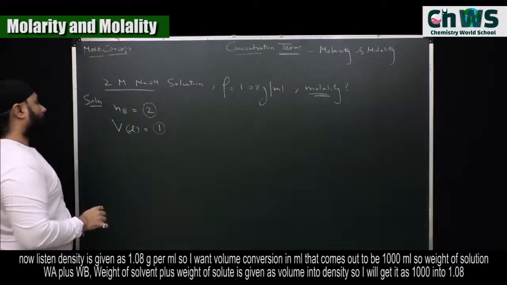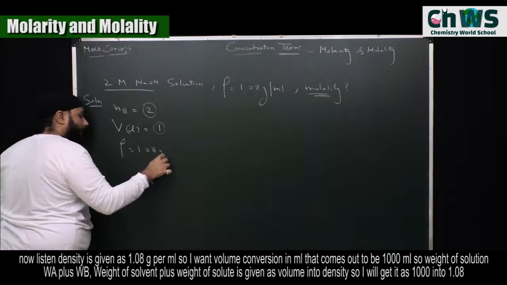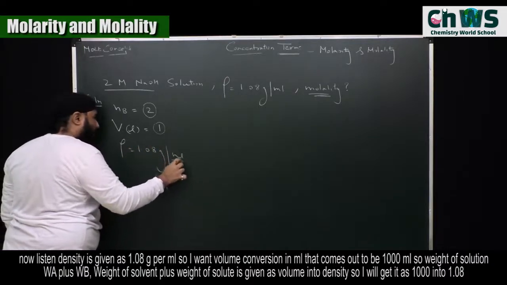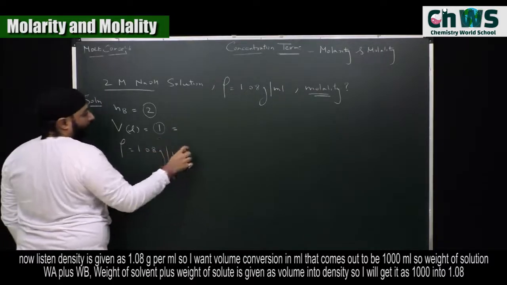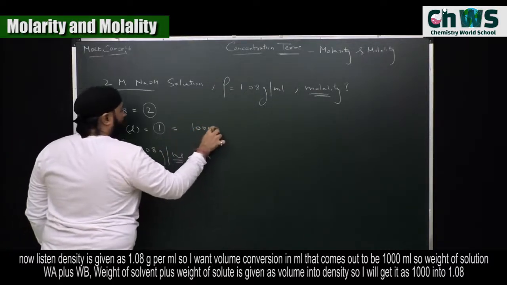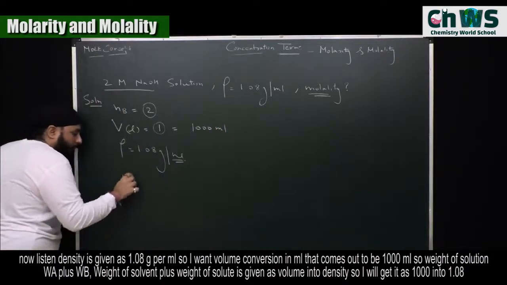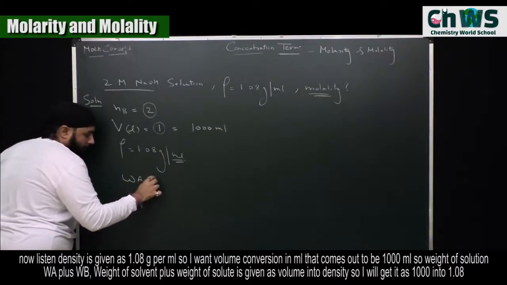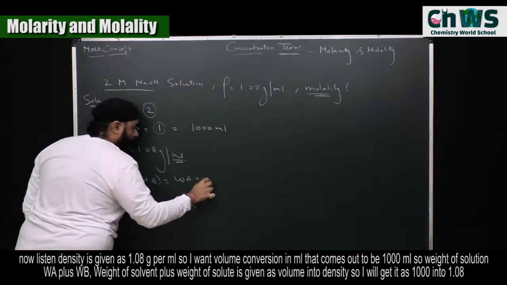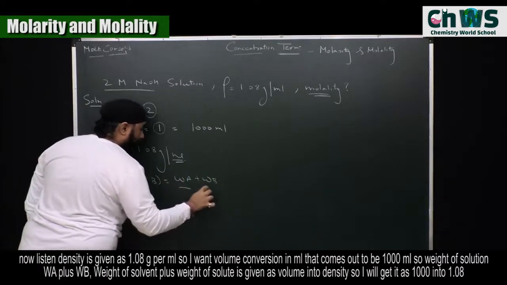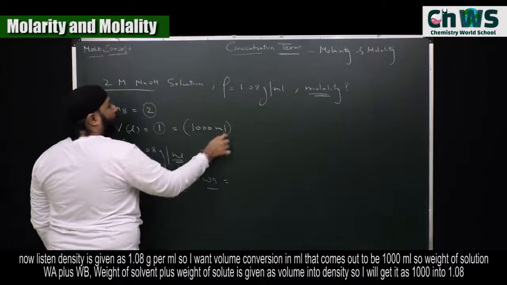Now listen, density is given as 1.08 gram per ml. So I want the volume of solution in ml. So 1 liter is equal to 1000 ml. So the weight of solution, that is WA plus WB, weight of solvent plus weight of solute, is given as volume into density.